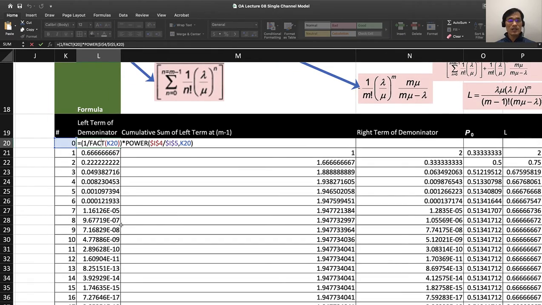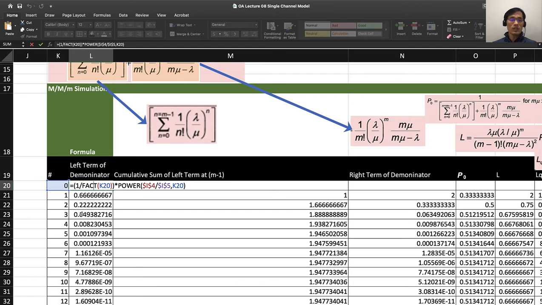So the first thing is that we want to apply this formula. It is 1 over n factorial, right? We use a function called FACT, and then parentheses, and K20 is this one. So the factorial of n, 0 goes in there, and then multiply by the power function, the exponential function, POWER, and parentheses, I4 divided by I5.